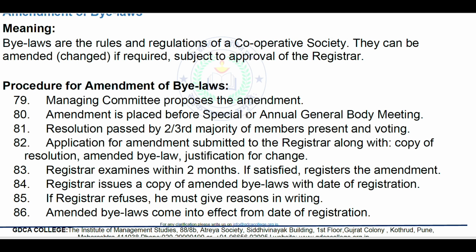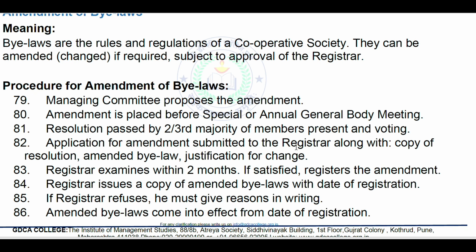The managing committee proposes the amendment. The amendment is placed before the special or annual general body meeting. The resolution is passed by a two-third majority of members present and voting. The application for amendment is submitted to the registrar along with a copy of the resolution, amended bylaws, and justification for the change. The registrar examines within 2 months.